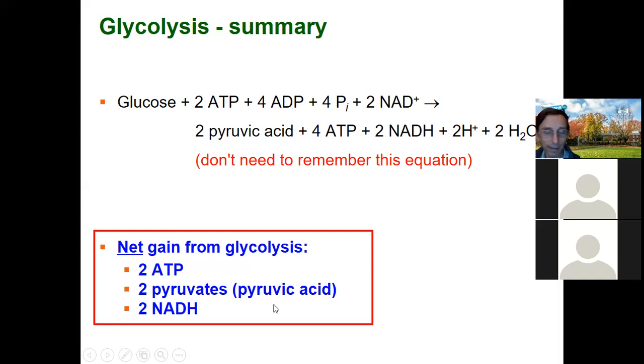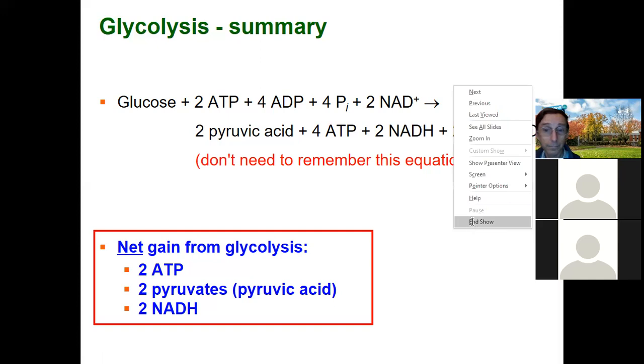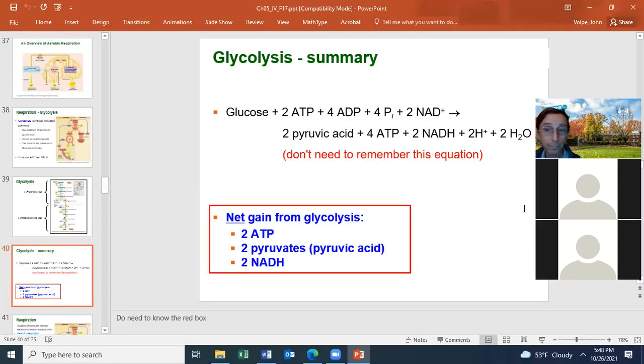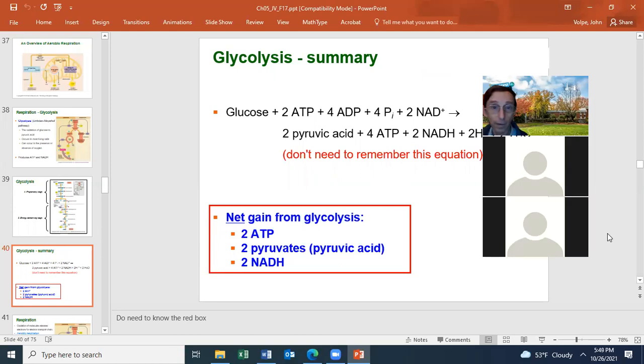You'll find that in one place I call it pyruvate because that's what the slide has. Generally, I call it pyruvic acid, which some of the slides have. Any question about any of that? All right.